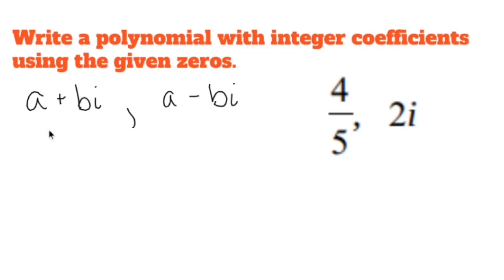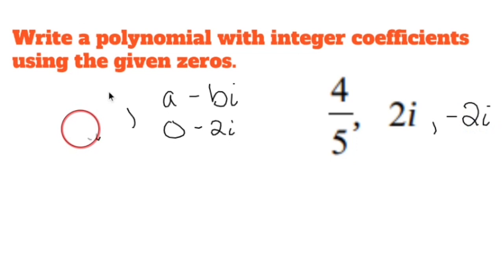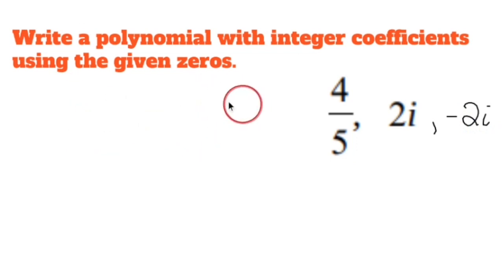That's a plus bi because it's a complex number that can be written out as 0 plus 2i, which means 0 minus 2i also has to be an answer. So I have to throw -2i in there. That's thing number 1 that you have to be careful of. The problem is kind of incomplete, and you have to fill in the blanks yourself. Those are my 3 roots.